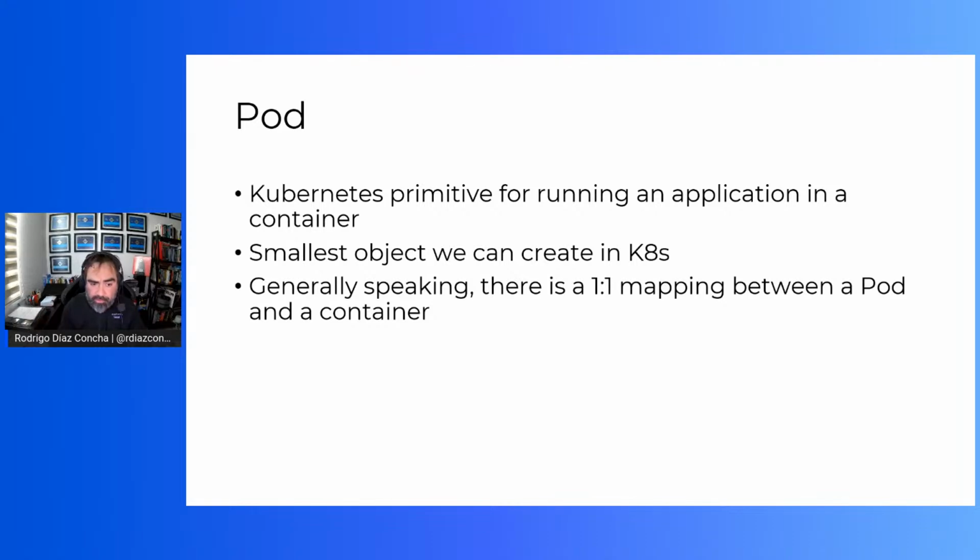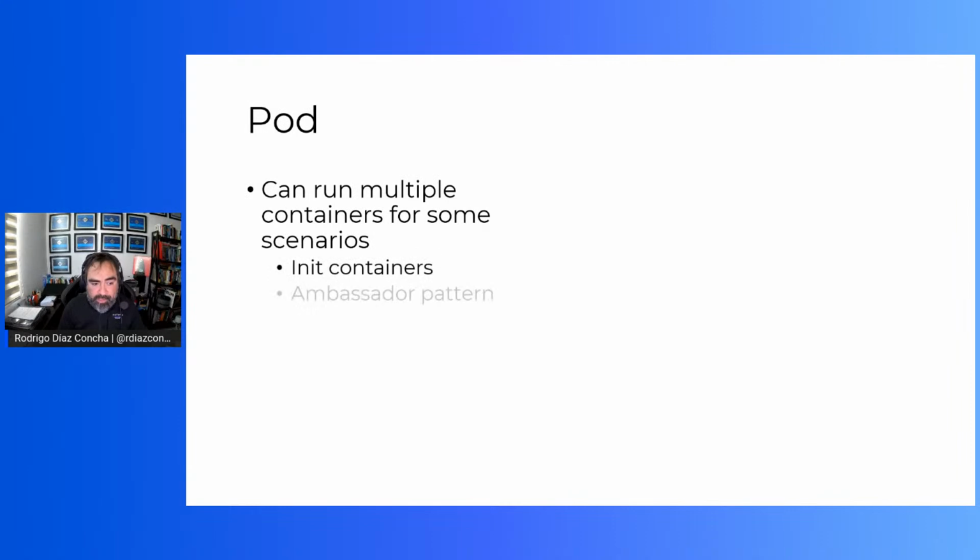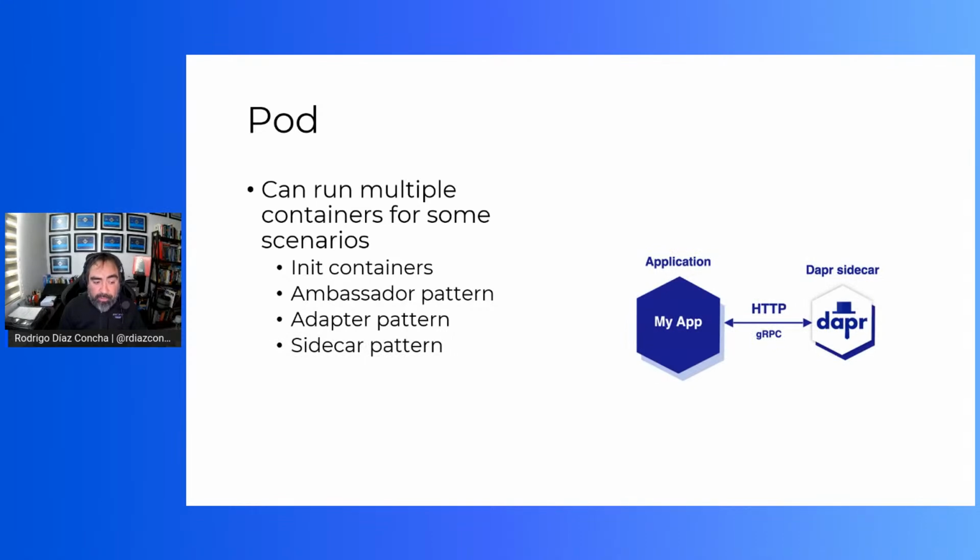And of course, you can deploy more than one container in a single pod for some scenarios, such as the ambassador pattern, the adapter pattern, or the sidecar pattern that is used by Dapr, which is a fantastic framework for creating distributed applications and microservices.